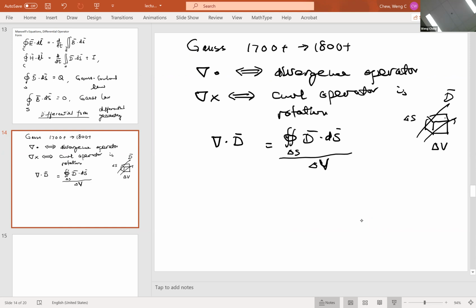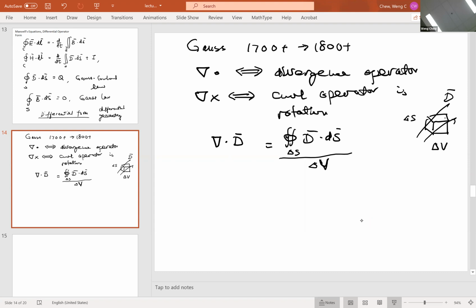No matter how small you make the cube, this ratio is a constant, which means that you can define the divergence of B with respect to a point in space. Take that point in space, draw a small cube around that, and perform this integration, also normalized by the small volume. You find that it becomes a constant.